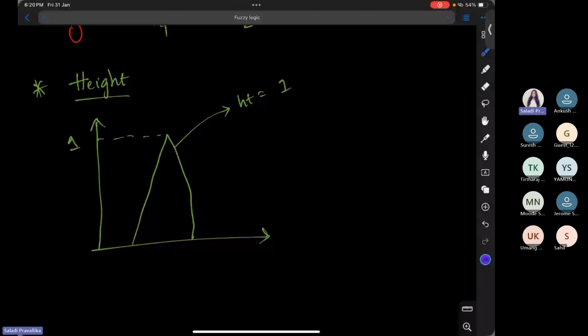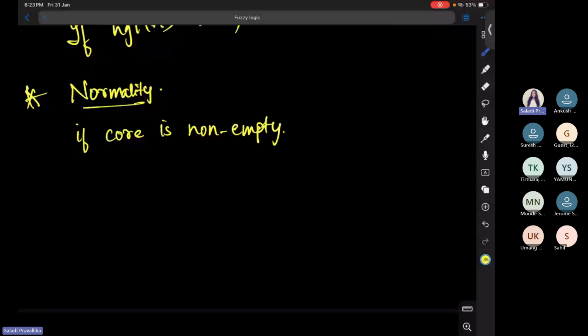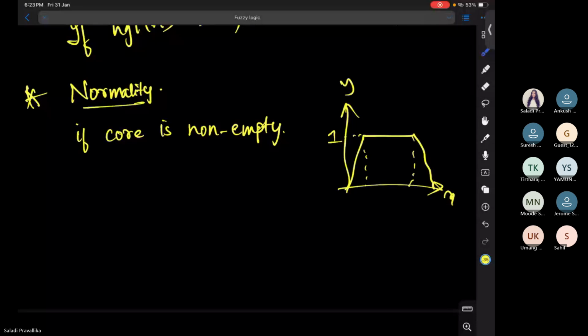A fuzzy set is considered normal if its core is non-empty. So what do we define as core? For a given graph, for all the values where the membership value is 1, this x1 to x2 is called the core, right?